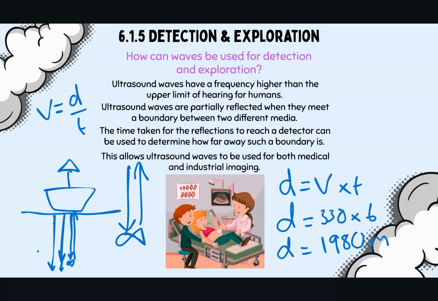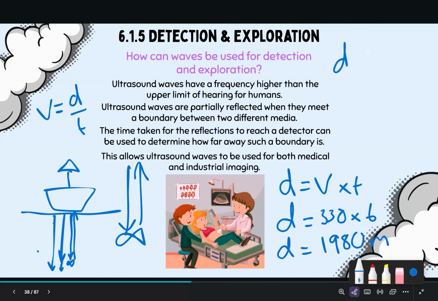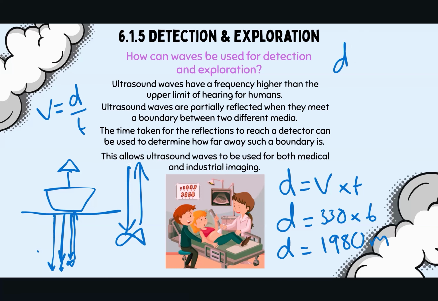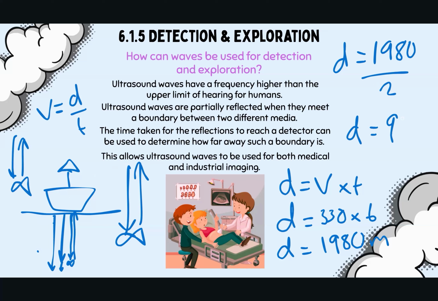We only want to know how far the fish is. So for that reason, we have to divide the distance by 2 because we've just worked out the distance to the fish and back again. So we have to divide that number by 2. So the distance is 990 meters.